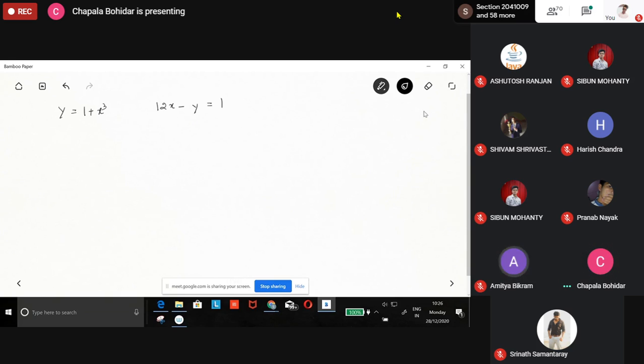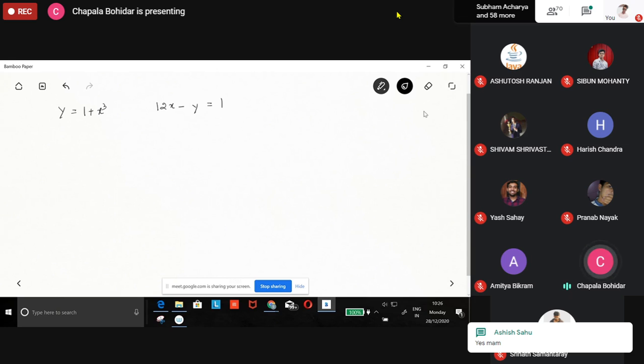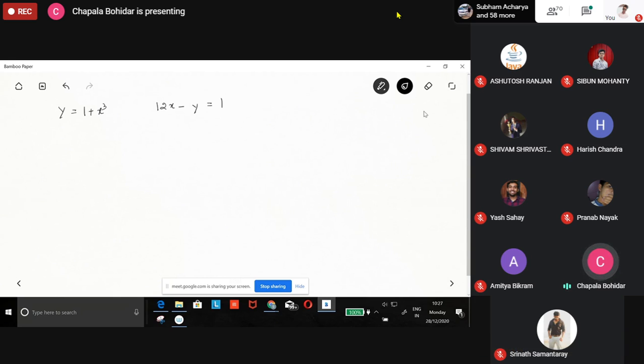Because this curve is given, to find the tangent line we have to find the slope first. That slope is the slope of the tangent, and it is parallel to this line. That means the slope of the tangent to this curve and the slope of this line are equal.